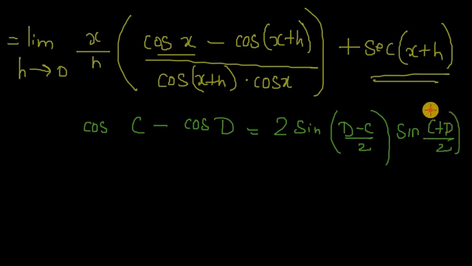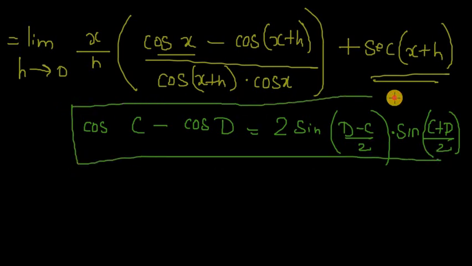Don't forget this. I repeat, it is 2 sine of (d minus c) by 2 into sine of (c plus d) by 2. You can write this as c minus d as well, but over here I'll put minus. So cos c minus cos d is 2 sine of (d minus c) by 2 into sine of (c plus d) by 2.